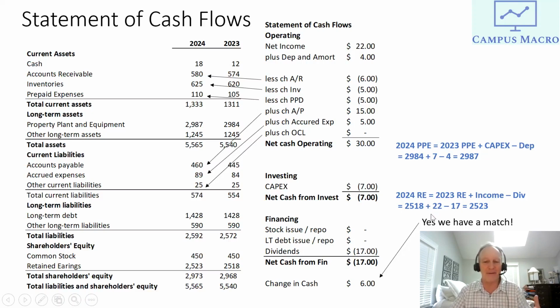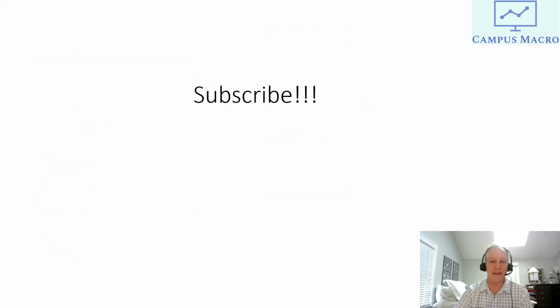We haven't paid out in the form of dividends over time. So remember, we had 22 in net income, we had 17 in dividends. So this also ticks and ties. The retained earnings number ticks and ties. So everything adds up. Everything is nice and tight, and that's what you need. You need your balance sheet and your income statement and your statement of cash flows to all talk together, to work together symbiotically. Okay, so if you do all this stuff, you will get the right answer.